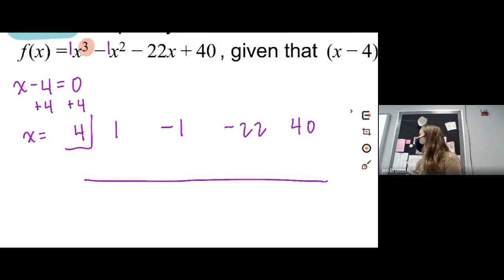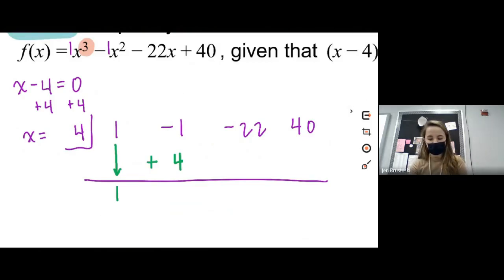Okay, so first thing you're going to do is drop down that first number. On the diagonal, we multiply by the number in the box. So we're going to do 1 times 4 to get 4. Up and down, we add.